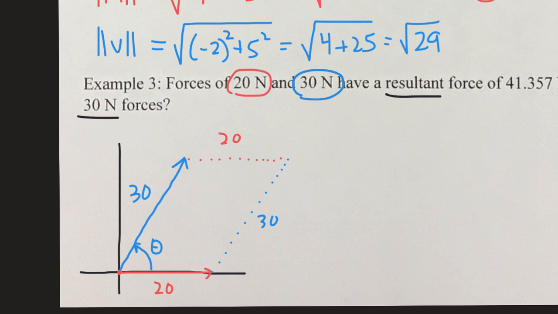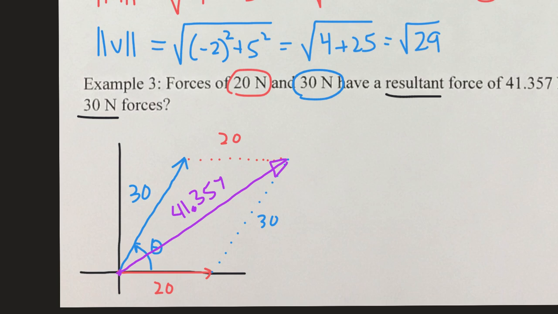So the resultant is the vector that goes from the origin along the diagonal of our parallelogram. This is your resultant, 41.357.